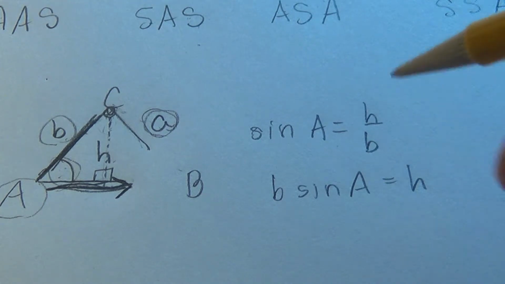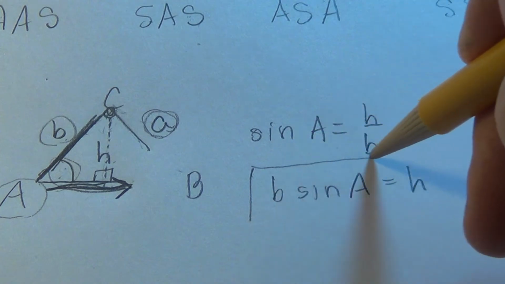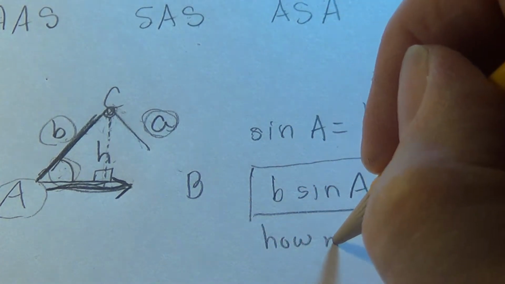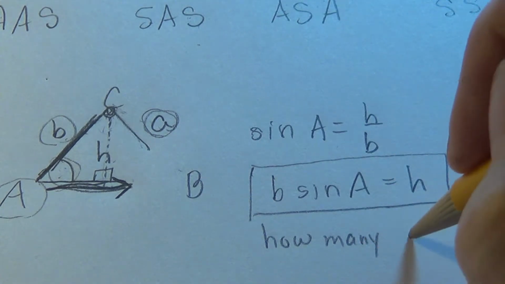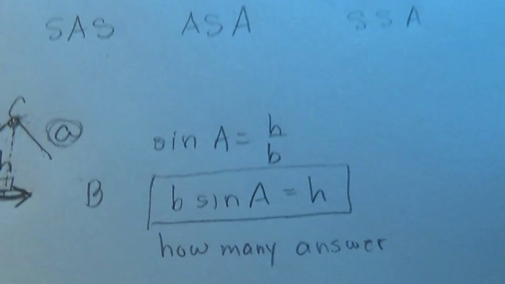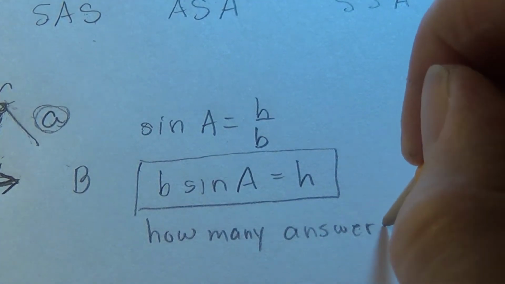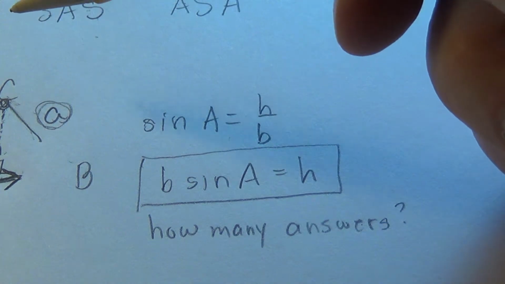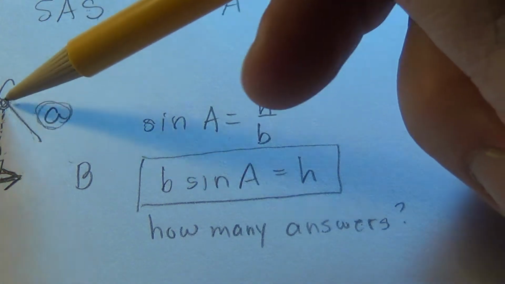In here are the secrets of how many answers. How many answers are there to this particular ambiguous case? All right, so I can look at the problem and I can see what side a is.